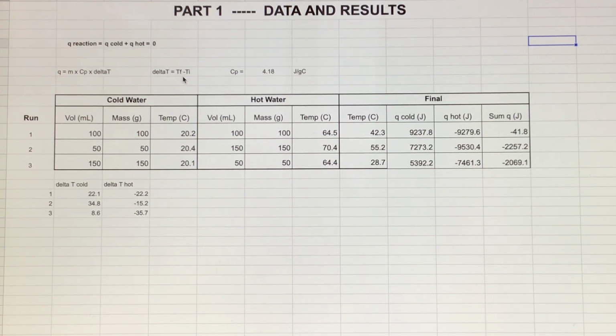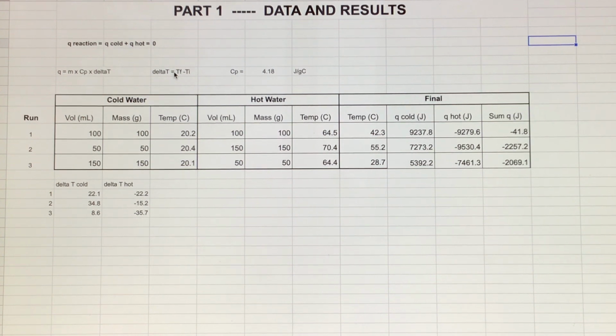This means that if the delta T is below 0, is negative, our reaction is exothermic, which means that it releases heat, because the final temperature will be lower than the initial temperature, and therefore their difference will be less than 0.